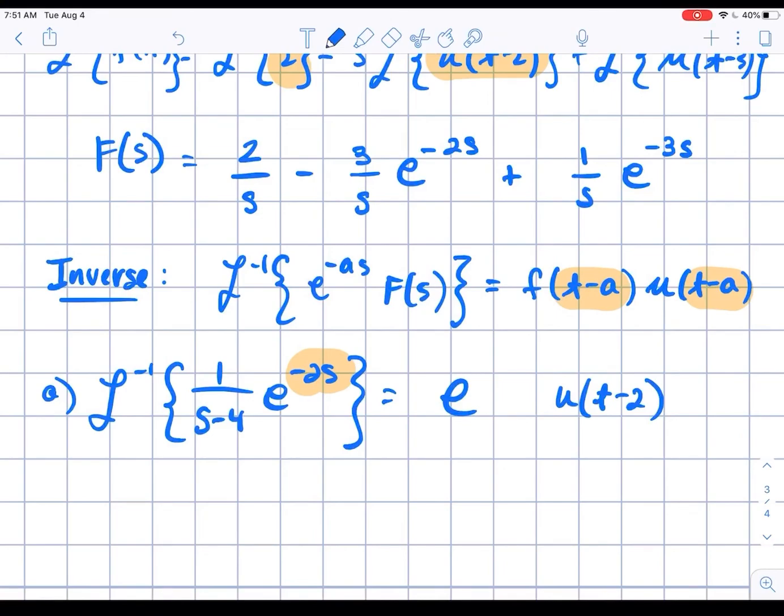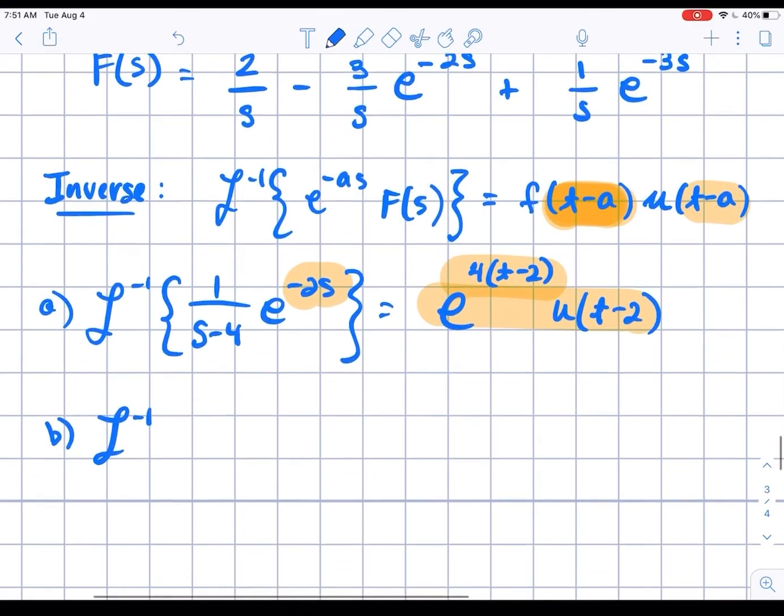You still want that 4, but instead of just a t, it's t minus 2. And the reason for that is because it's a function of t minus a. So this would represent that function in terms of t minus a. So there is your final answer for that one.